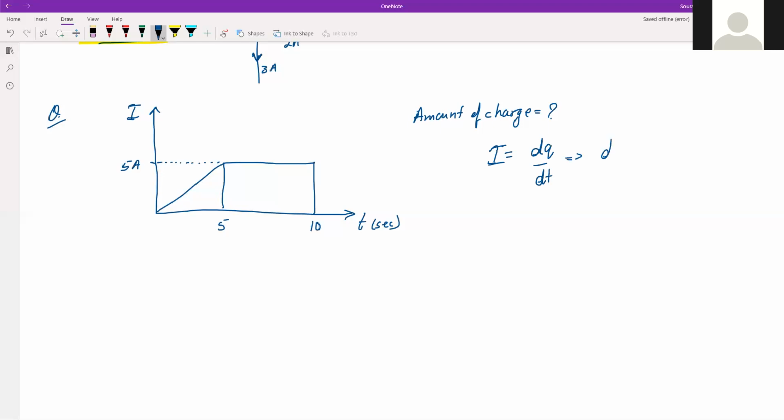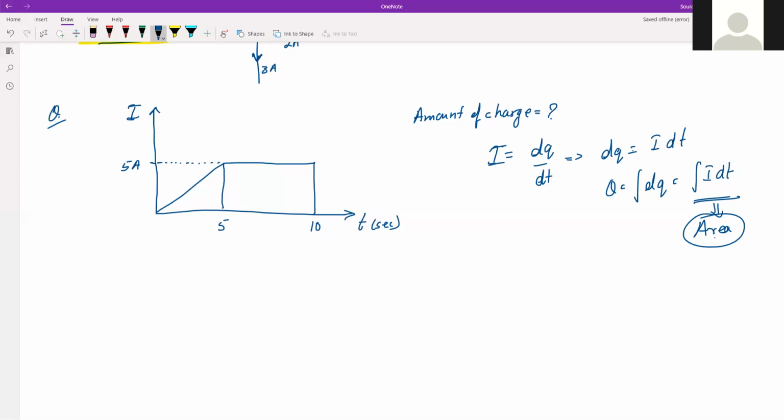So it implies that dq is equal to I dt. So the total amount of charge is the integration of dq, which is the integration of I dt. And we know that this integration is nothing but the area under the curve. So you just have to find the area.